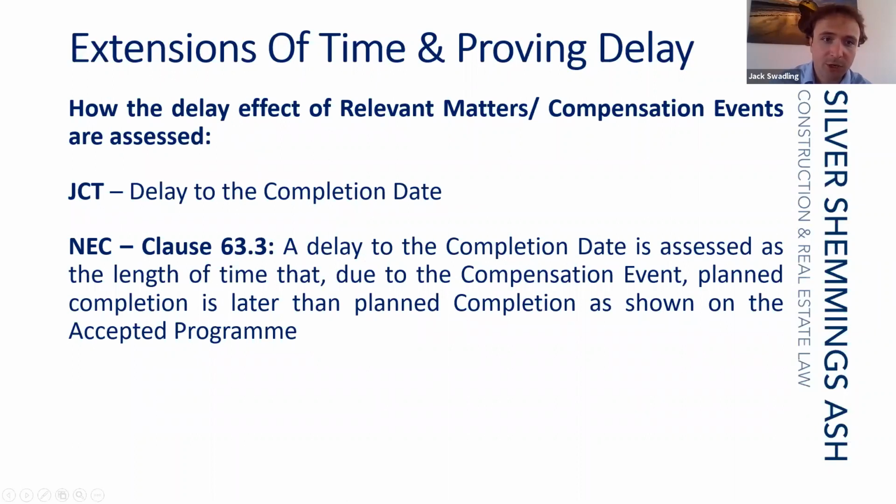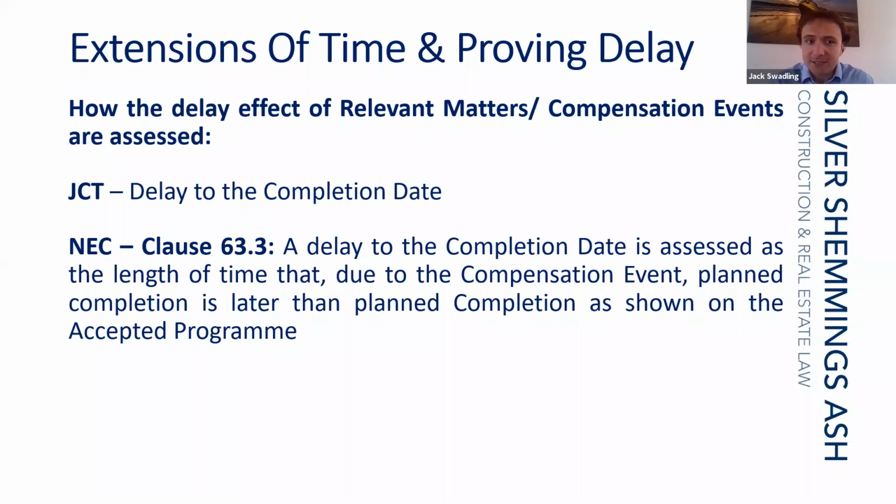Okay, so how is the delay effect of relevant matters or compensation events assessed? Under the JCT, and this is an important point, the effect of a relevant matter is assessed based on the delay that relevant matter causes to the completion date or sectional completion date. What does this mean?